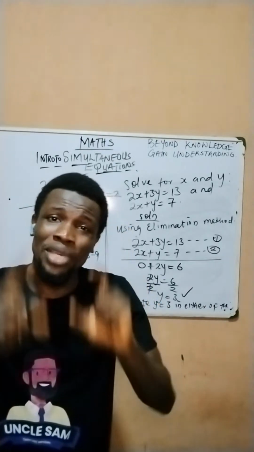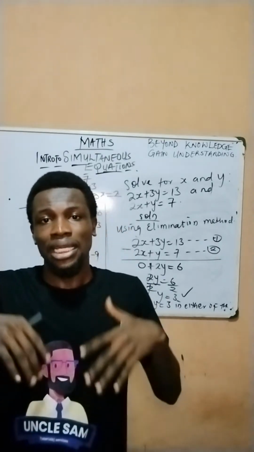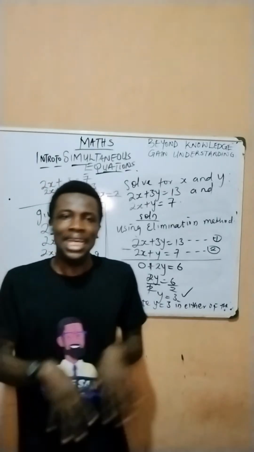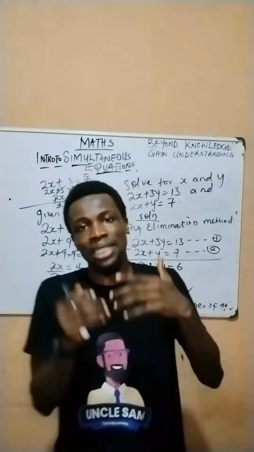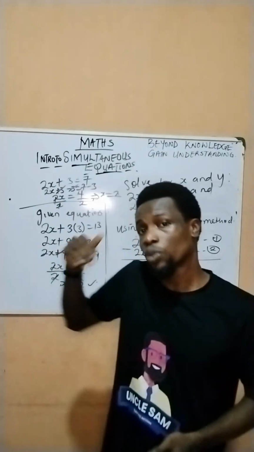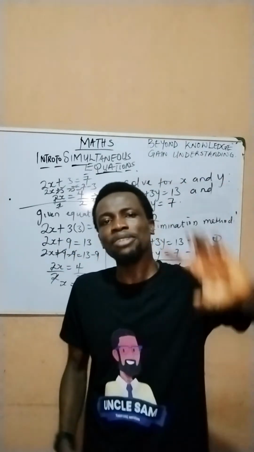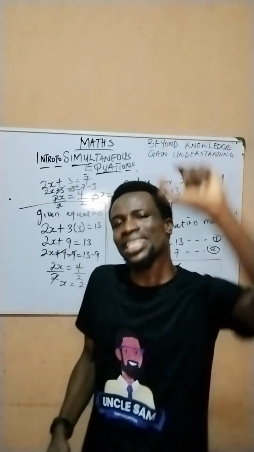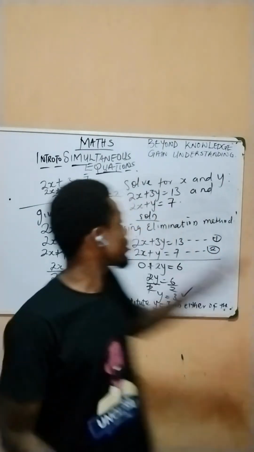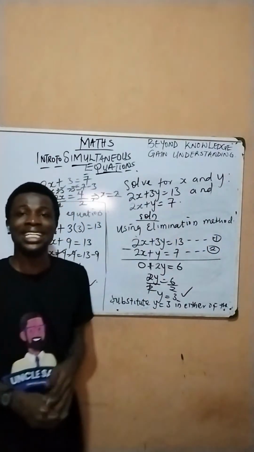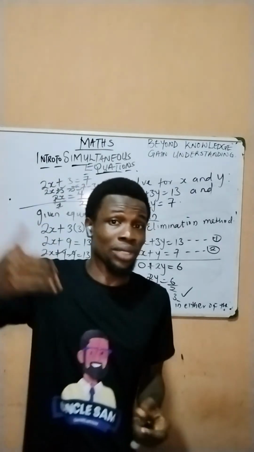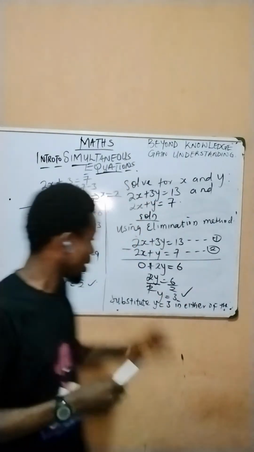And this goes on to explain what I said originally at the beginning of this class, which is that the goal of solving two equations at once when it comes to simultaneous equations is that we are seeking a point of intersection, because each of the equations originally is a straight line equation. They can be expressed on a graph as a straight line.